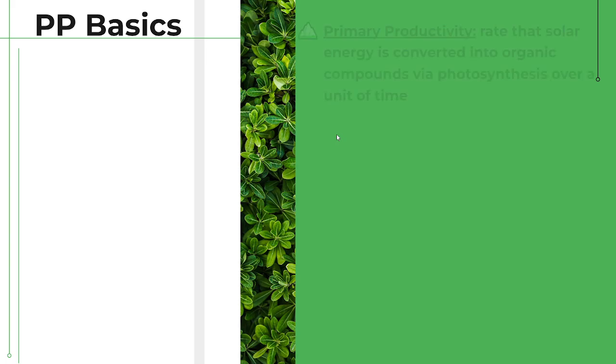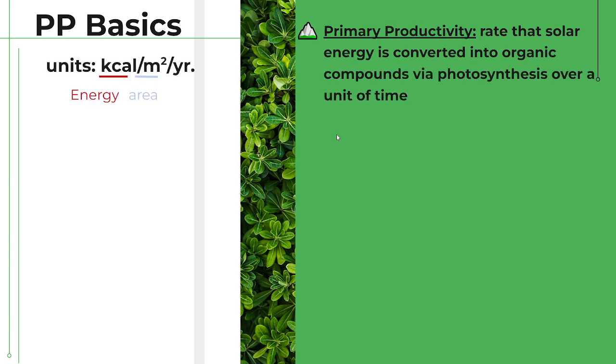In primary productivity, we are talking about photosynthesis, except we are quantifying it. That's the biggest difference between discussing photosynthesis and primary productivity, is that primary productivity is the rate, meaning it's going to be over time, that an area of plant populations or community, so we're talking about the grasses, the trees, all the organisms, all the plant life in a particular area, is converting into usable energy through photosynthesis.